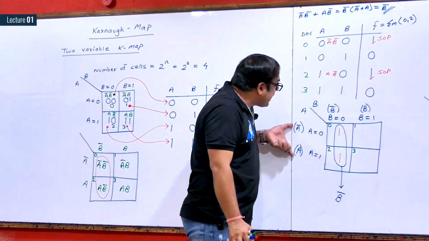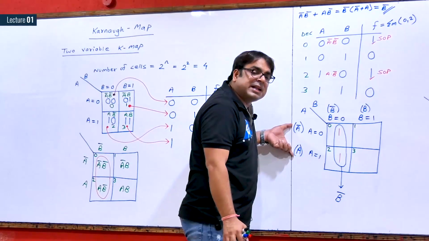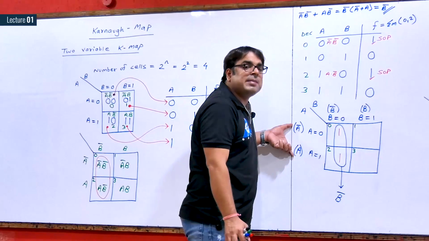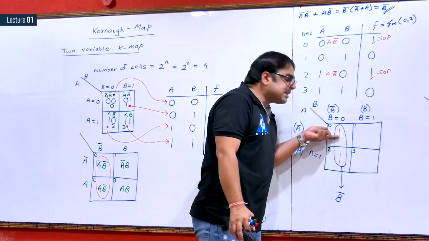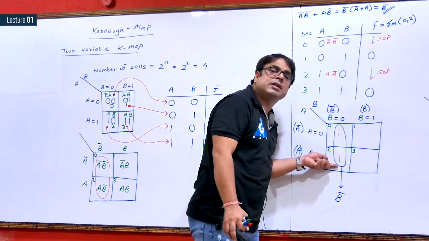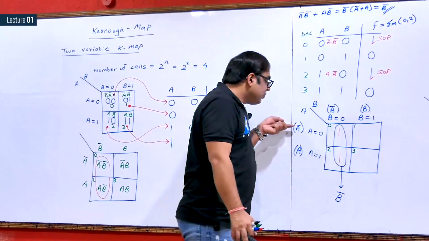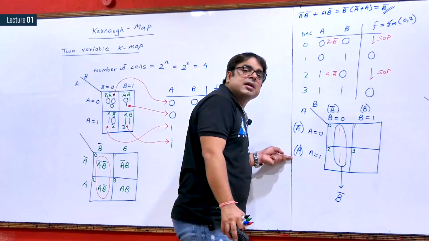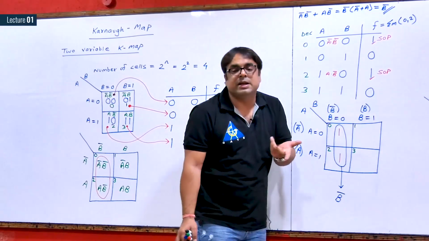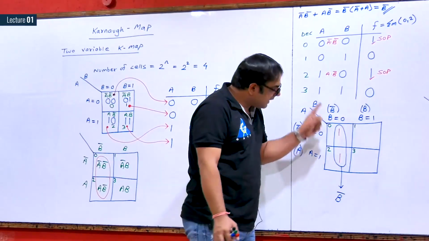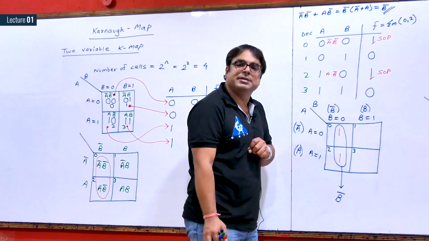We will not get A in the final answer because A is changing. Changing means that in some part of the group A is equal to 0, and in another part A is equal to 1. One part is A complement, the other part is A. A complement plus A means 1, so it will get reduced. That is why the answer is B complement.